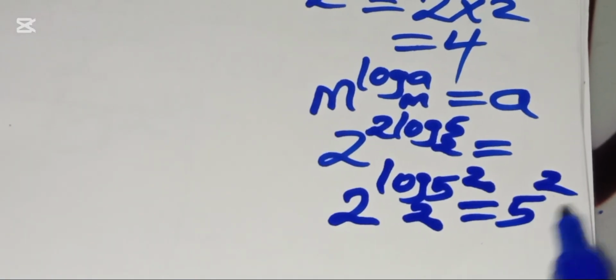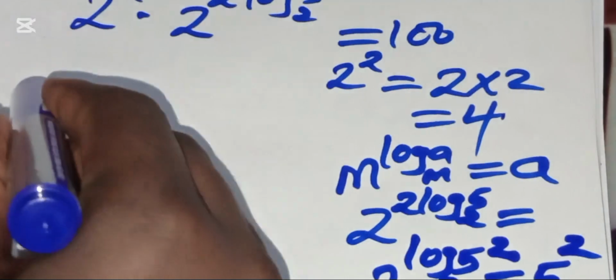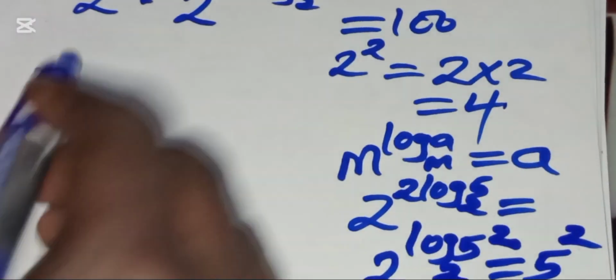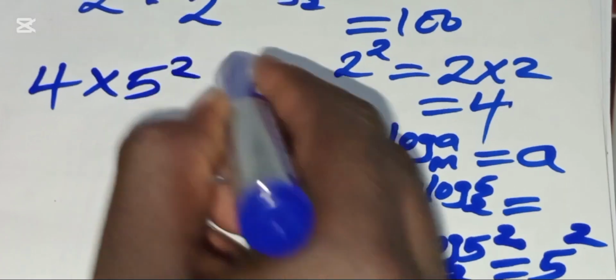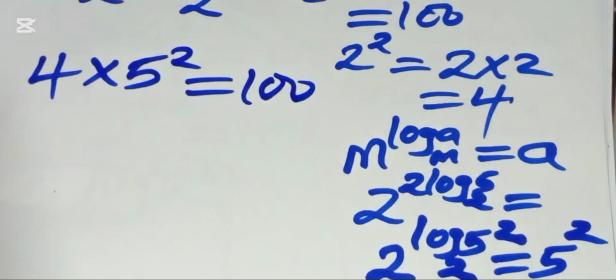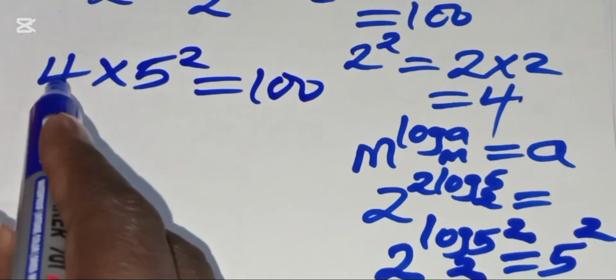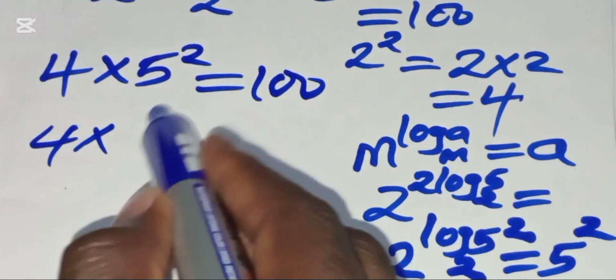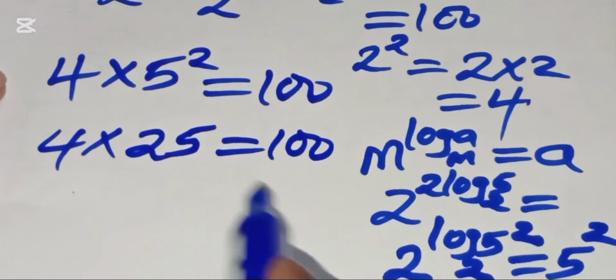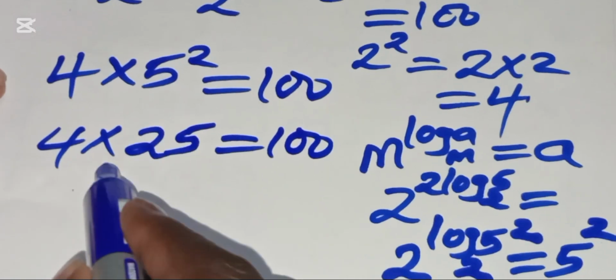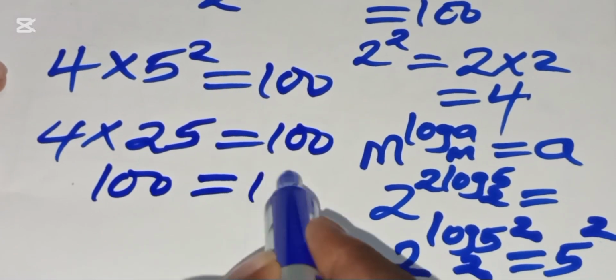Let's substitute this: we have 4 times 5 squared. 5 squared is 25, and 4 times 25 is 100, which is equal to 100.